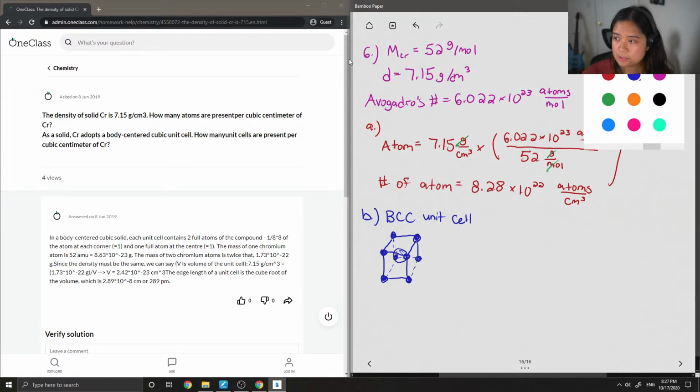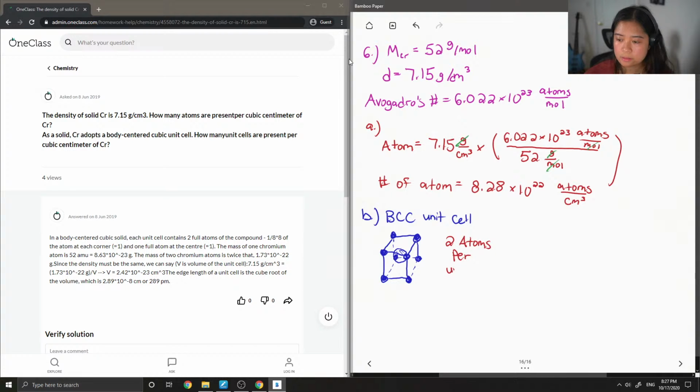So therefore I can say that there are in total 2 atoms per unit cell. I'm going to do the math where it's just 1 atom plus 8 times 1/8 atoms.